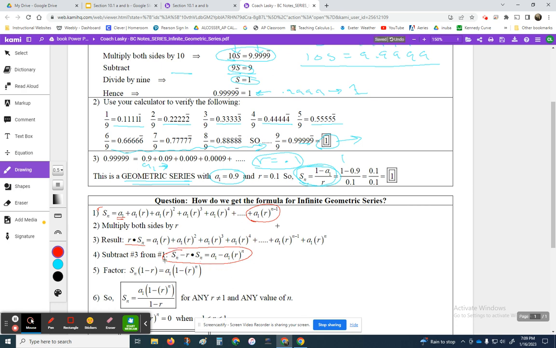So those are the only things we're not going to get to cancel out. This piece here, subtract this, all this stuff cancels out, and we're just left with A1. All that cancels out, and we're left with this, and we're left with that right there.